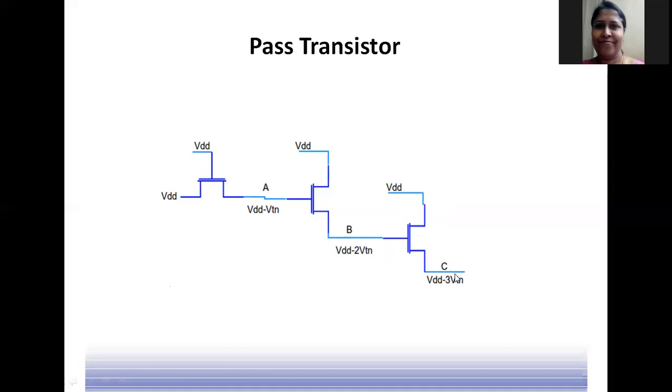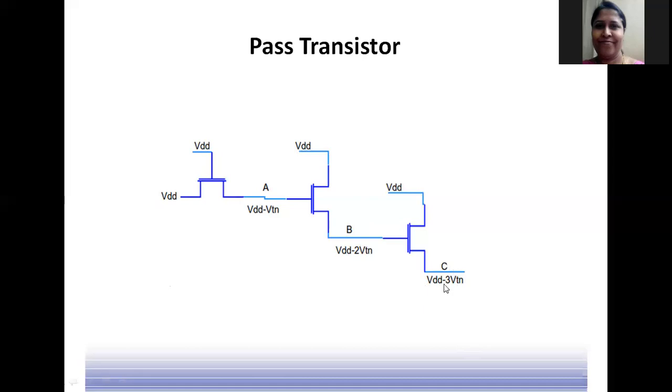So there is degradation of voltage levels at the source end here. So if you connect the MOSFETs in this fashion, logic high will be degraded. Initially it was VDD, then it became VDD minus VTN, VDD minus 2 VT, and then VDD minus 3 VT.